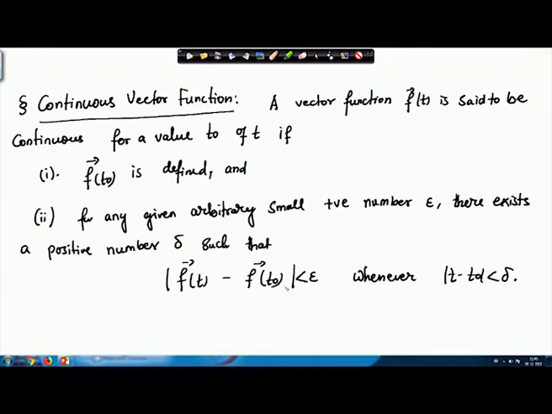And if this is true, then the function f is said to be continuous at the point t equals t 0.